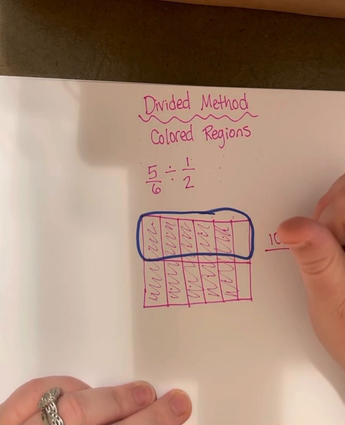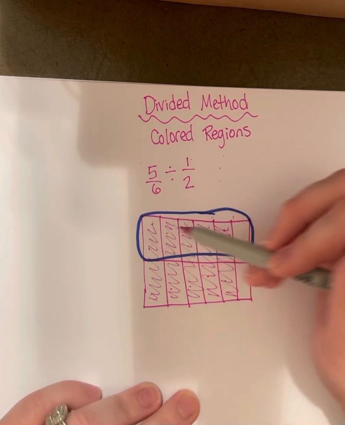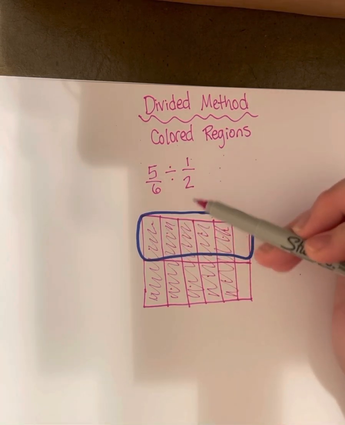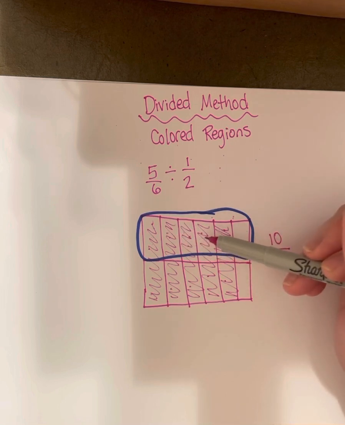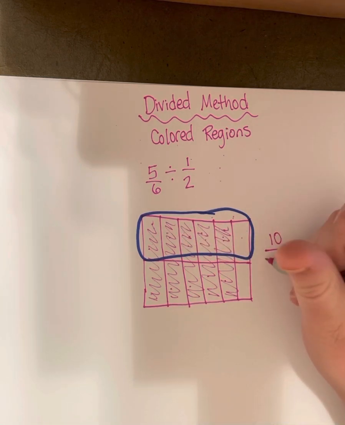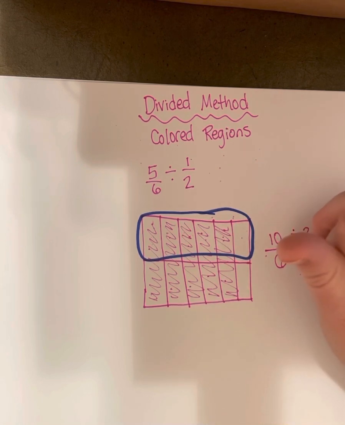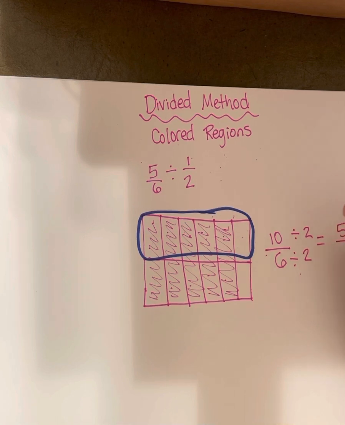And we're going to put that over however many blocks that we circled from this fraction. 1, 2, 3, 4, 5, 6. 10/6, we know that we can divide both of these by 2, which would give us 5/3. And again, this is an improper fraction, so we can make it a mixed number, which would then be 1 2/3. All right, that's all I have this time.